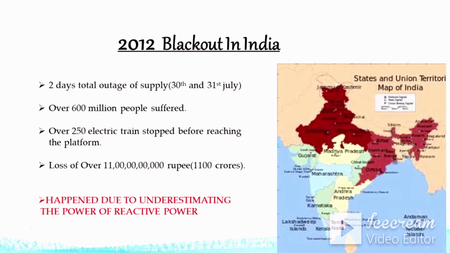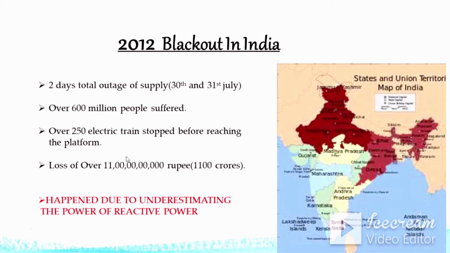In 2012, a blackout occurred in our country India on 30th and 31st of July, and due to this 600 million people suffered, according to the survey. 250 electric trains were stopped and were not able to reach the platform, since the pantograph was not supplied electrical energy.